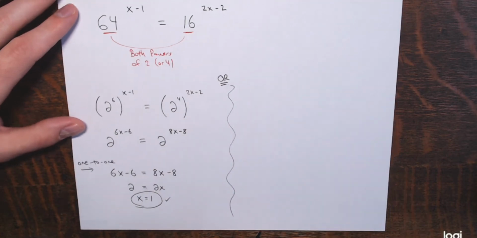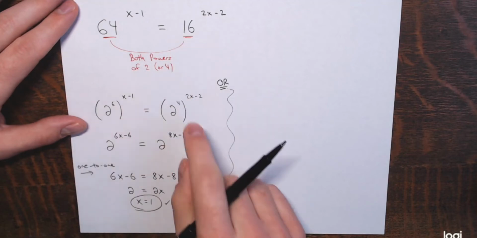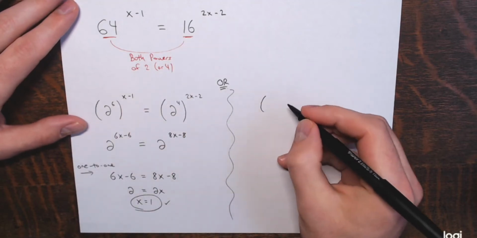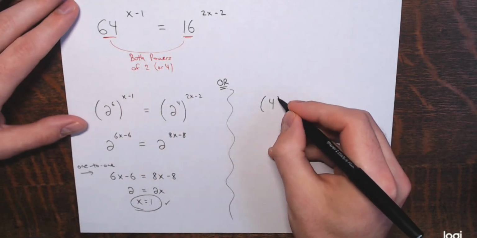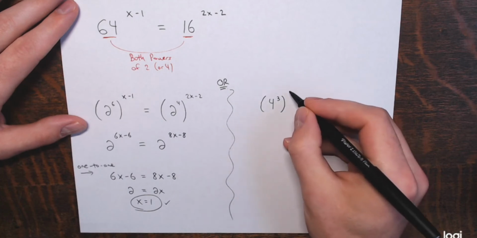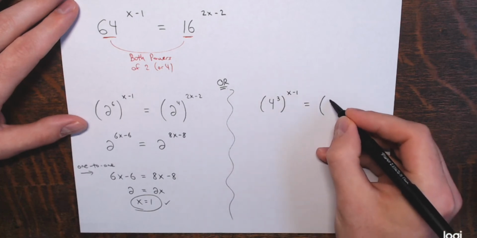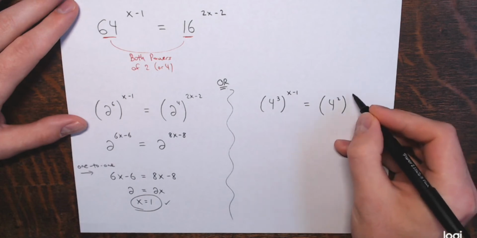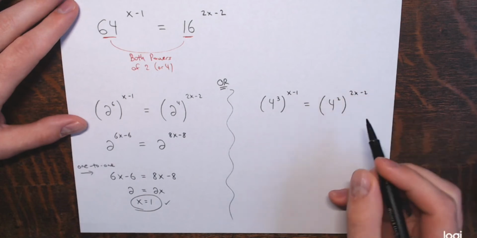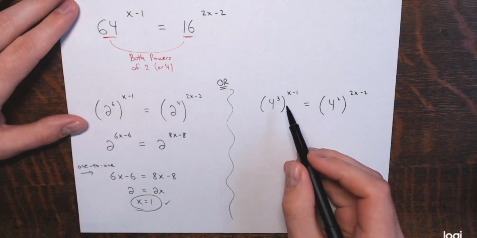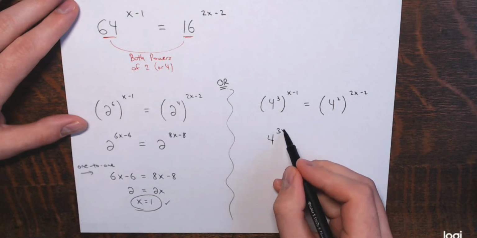Say you noticed, oh, these are both powers of 4. 64 is 4 cubed. So I write 4 cubed to the x minus 1. And 16 is 4 squared to the 2x minus 2. And then do that power to a power property. This will be 4 to the 3x minus 3 on the left.